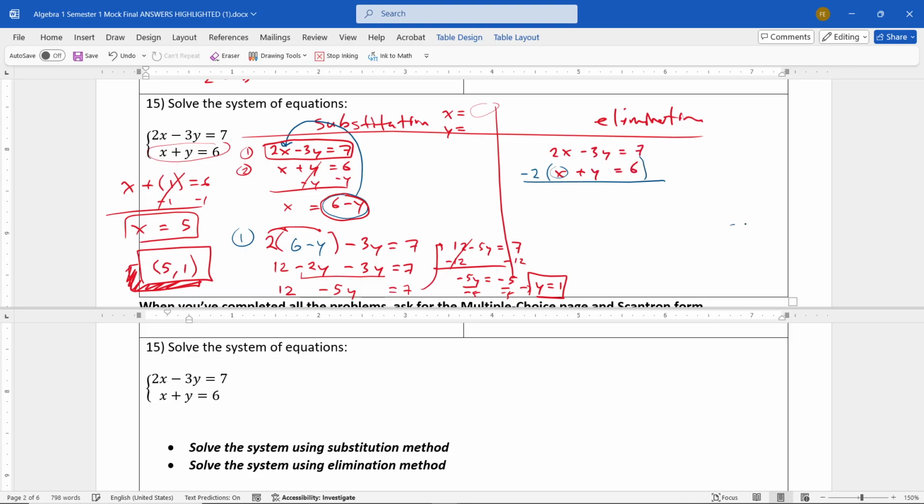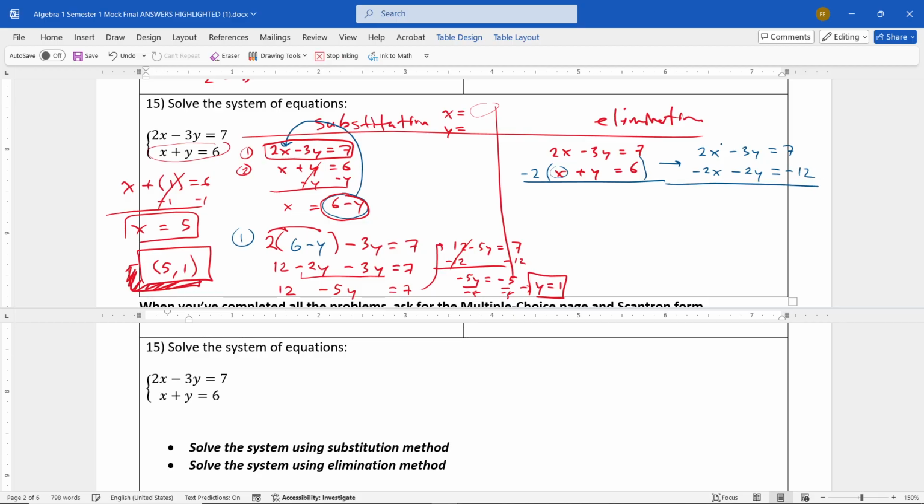So after multiplying the second equation by negative 2, we get this equation. So top equation stays the same, minus 3y still equals 7. The bottom equation, negative 2 times x is negative 2x. Negative 2 times positive y is negative 2y. And negative 2 times 6 is negative 12.